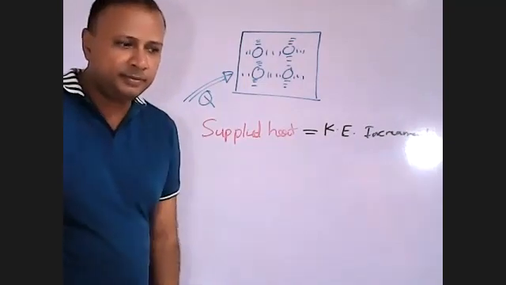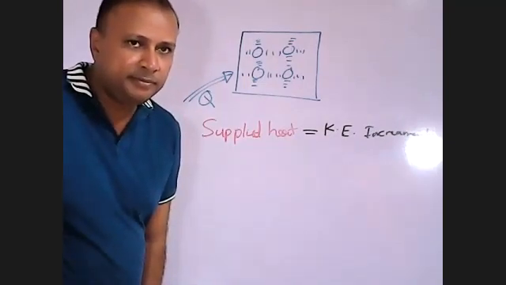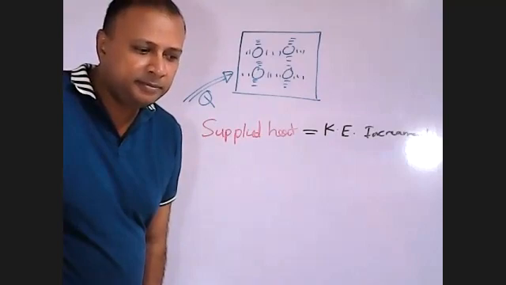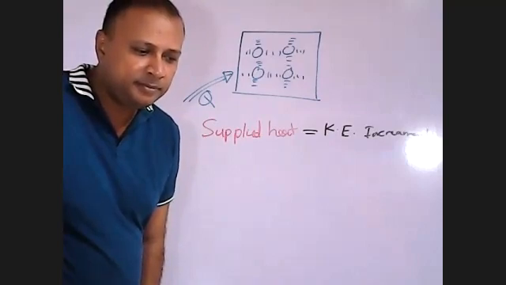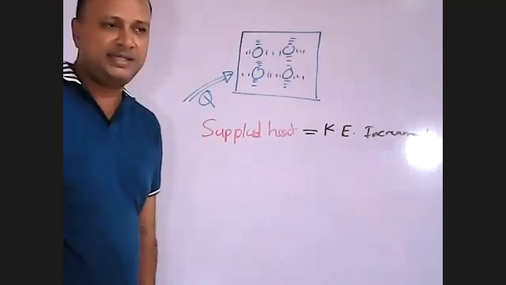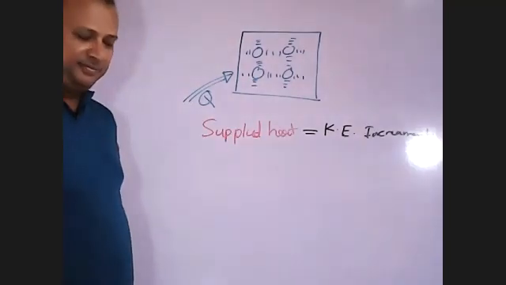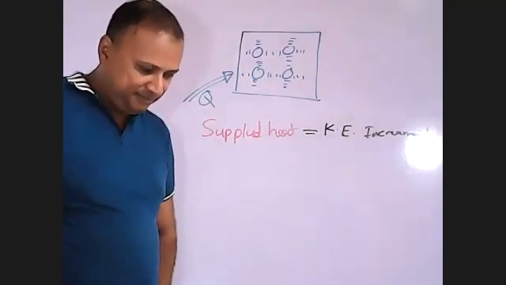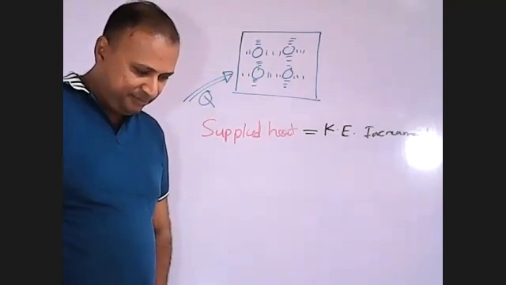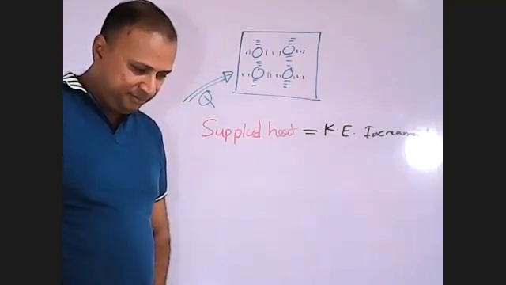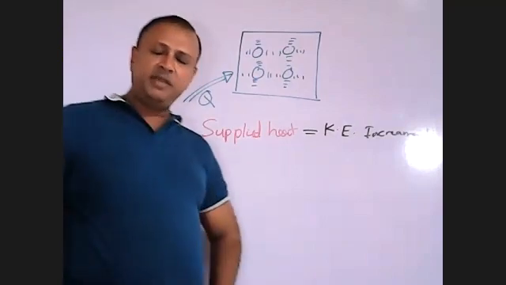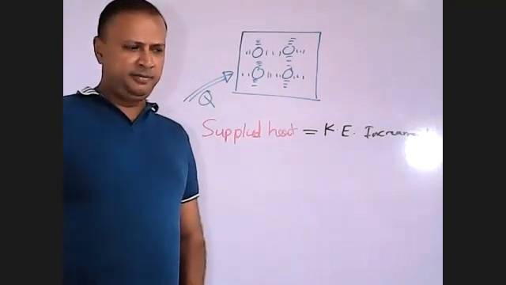Sir, excuse me. So that means when the kinetic energy is increasing, the temperature of the object would increase. Yes, that is the thing. Sir, in terms of latent heat, when thermal energy is supplied first, there is a change in state. That means the potential energy would be changing first, right? And then the kinetic energy.